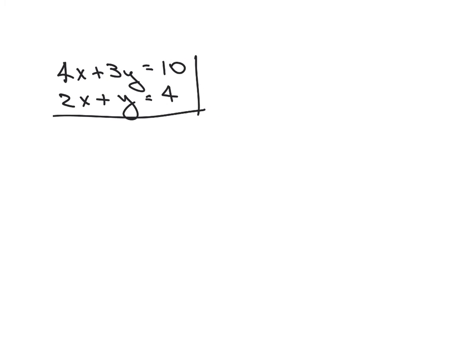So for example, let's say I want to add the 3y and the y, and I want these two, when I add them together, to be 0. In order for that to happen, this number down here, let me put it in red, has to be a -3, right? So that when I add 3 to -3, the y's disappear.